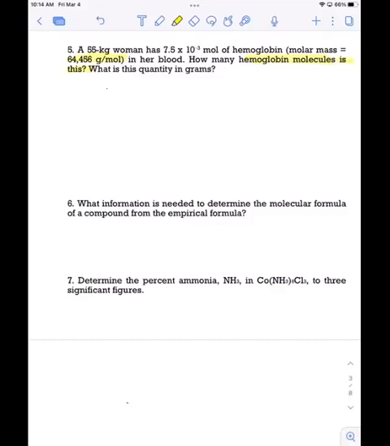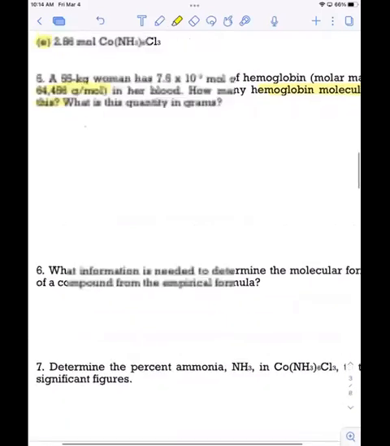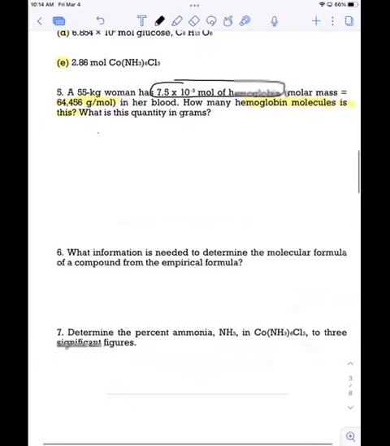If we want to go from moles to molecules, do we have a direct way to do that? Her mass is irrelevant. It doesn't matter, so we aren't concerning ourselves with that number. All we care about is 7.5 times 10 to the minus 3 moles of hemoglobin.